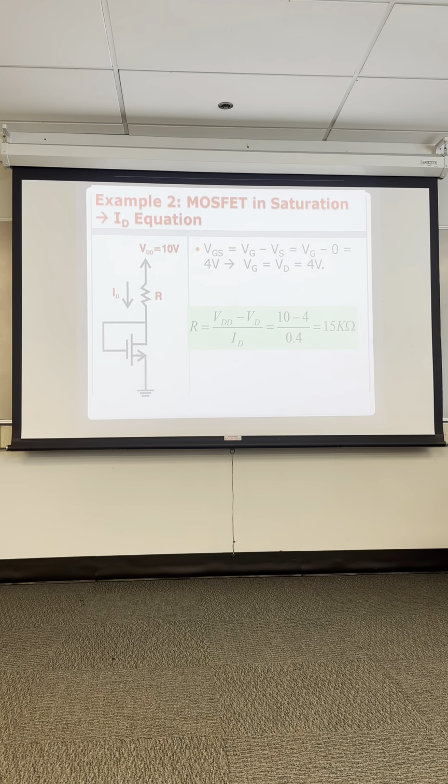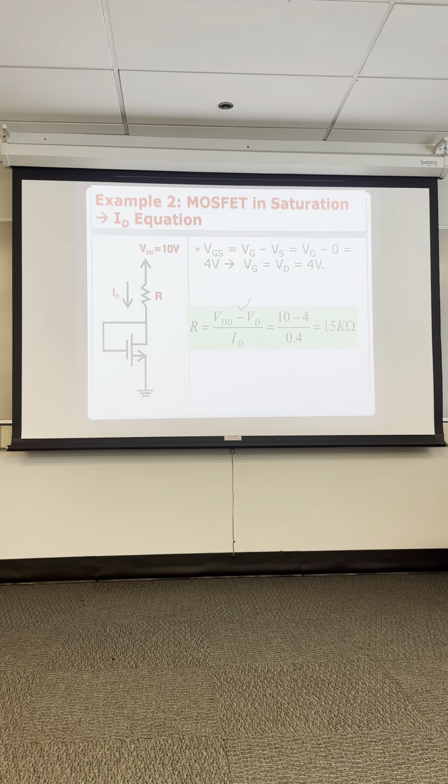With that, gate to source is V sub gate minus V sub source. The source is at 0 volts, and that number comes out to be 4 volts. So V sub gate is equal to V sub drain, which is equal to 4 volts. Now we can solve for the resistance.